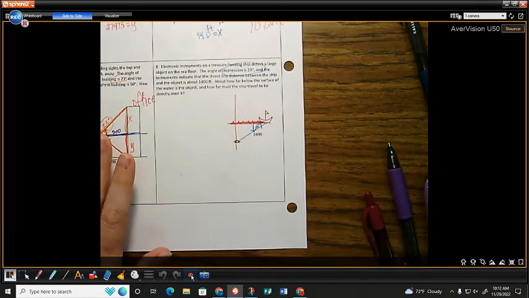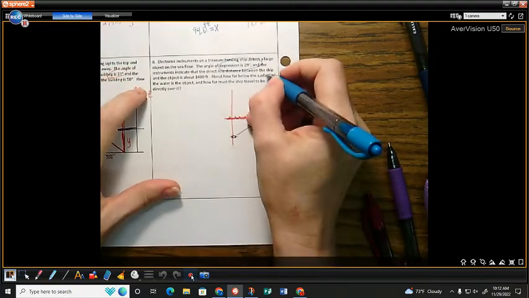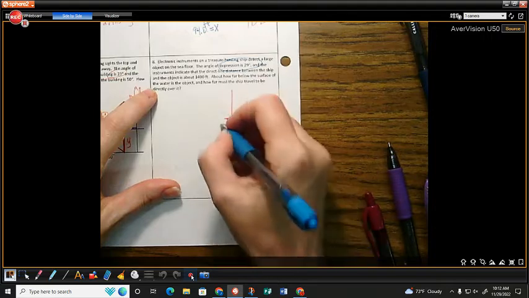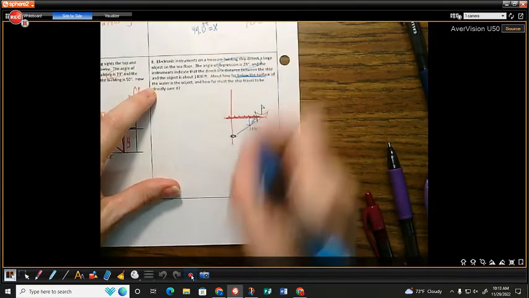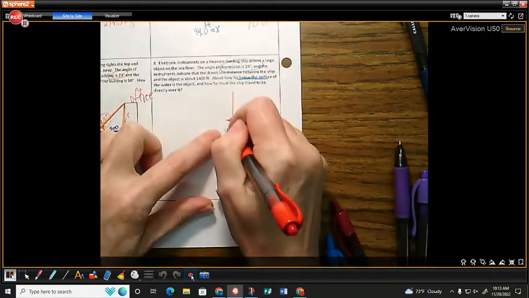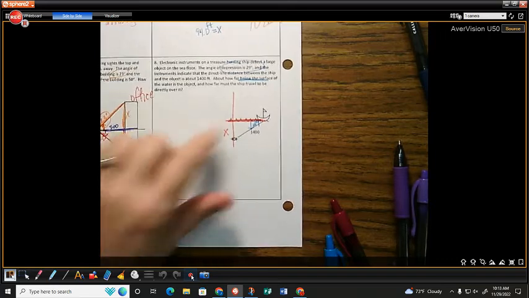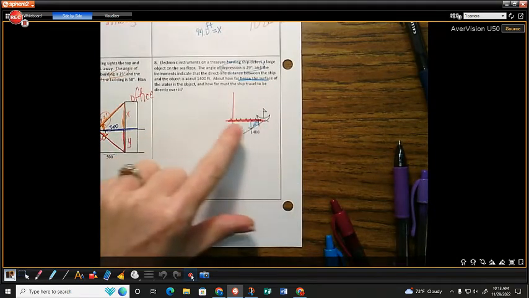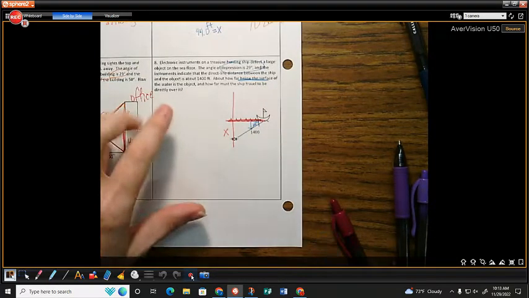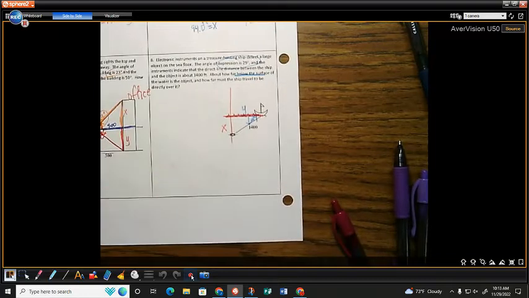Okay? And then if I want to know how far below the surface of the water the object is, that would be this distance. And if I want to know how far must the ship travel to be directly over it, that would be this distance here.